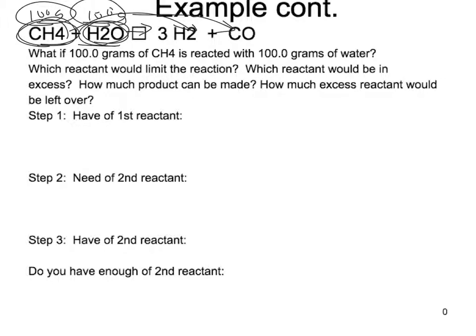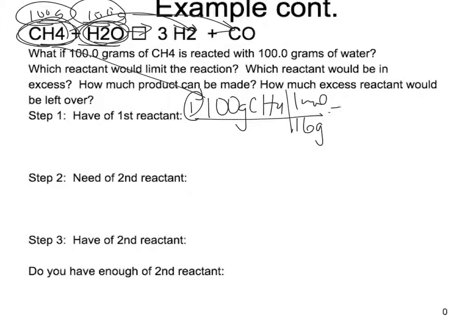So one way you can do that is first take the first reactant, CH4, 100 grams of it, they give it to you, and go ahead and convert that into moles. And make sure that you just do it for 1 mole.